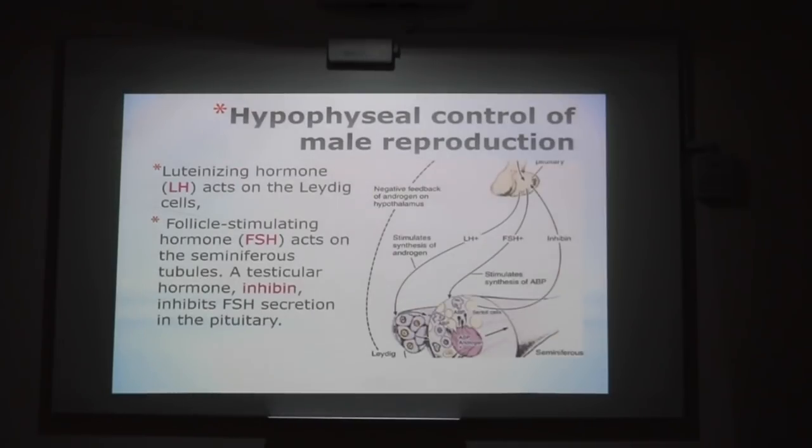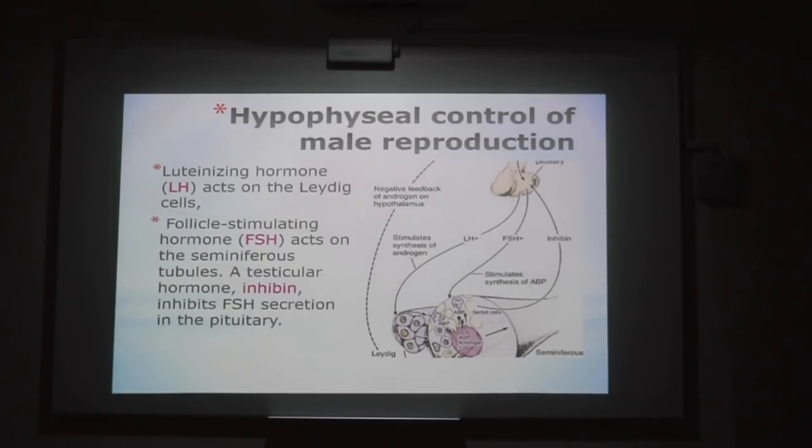dihydrotestosterone. So this is just showing you that the luteinizing hormone acts on the Leydig cells, and that results in the secretion of the testosterone, while the follicular stimulating hormone acts on the seminiferous tubule, and this results in secretion of androgen binding protein, and androgen binding protein increases the concentration of testosterone in the seminiferous tubule.